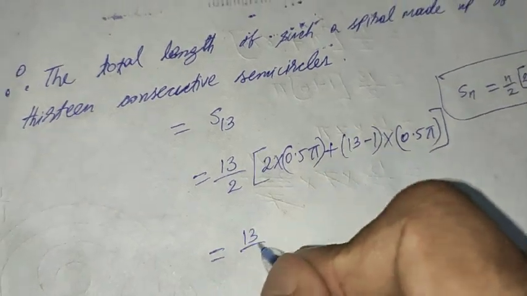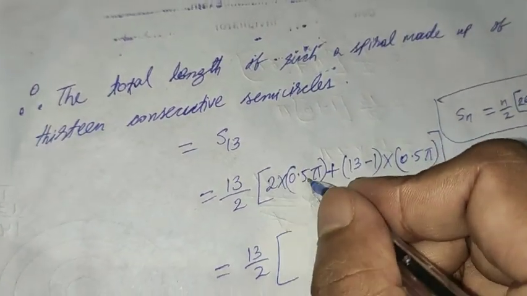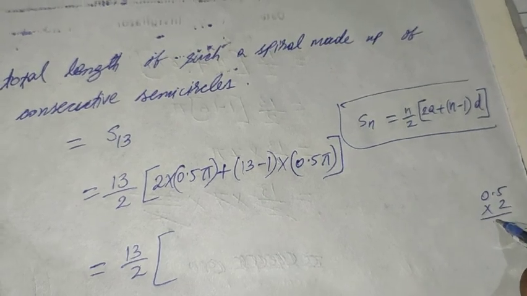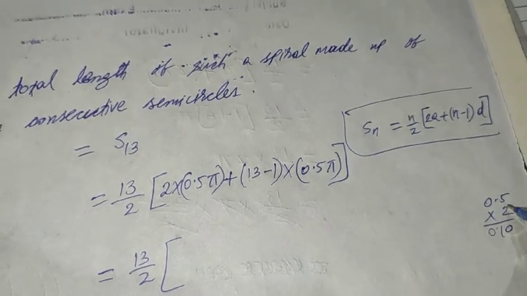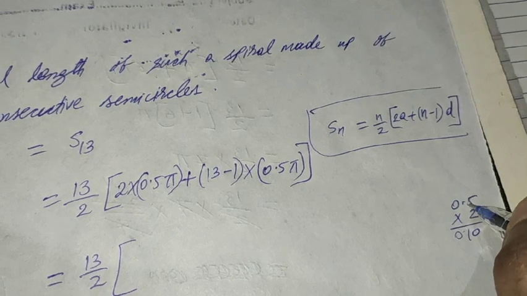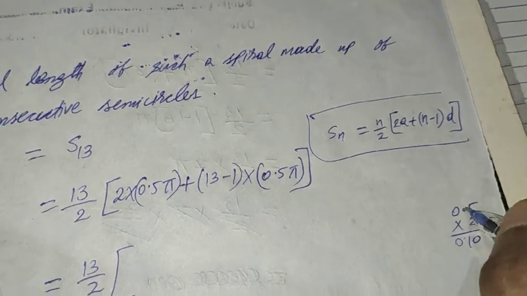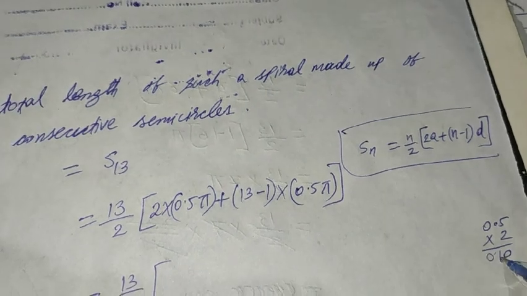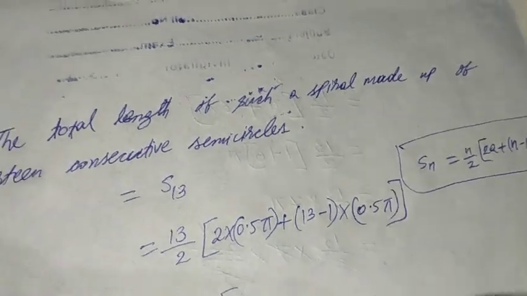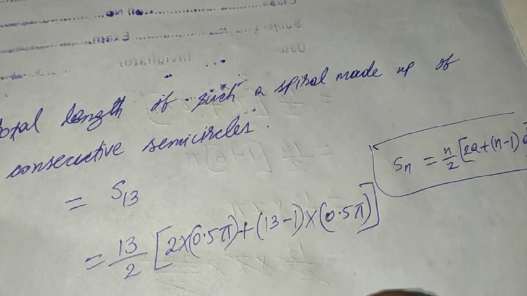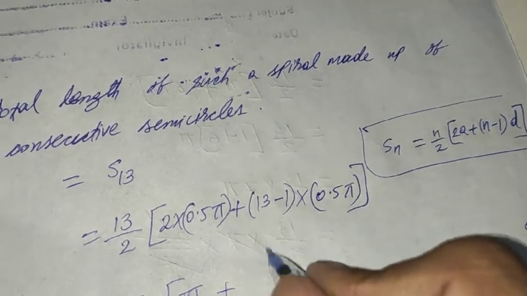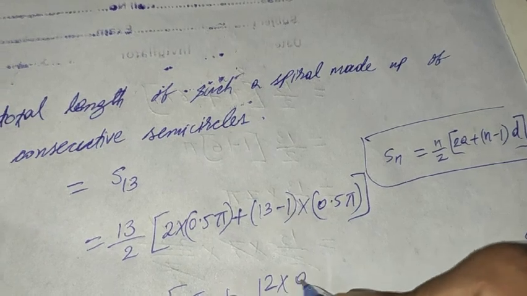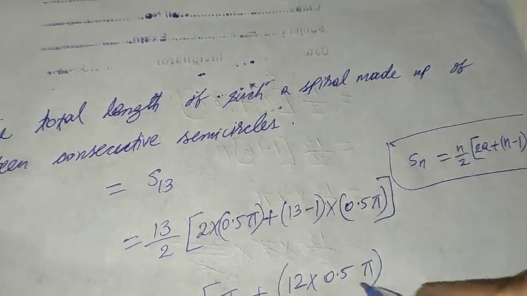That implies 13 by 2 into 2 into 0.5 pi. 0.5 into 2 is 1.0, so 1 pi, that means pi, plus 13 minus 1 is 12 into 0.5 pi.